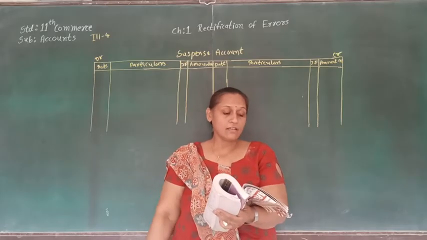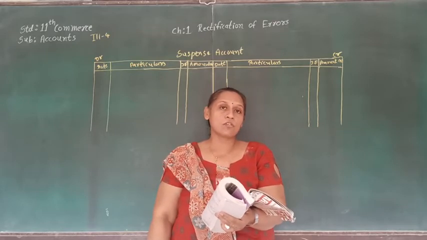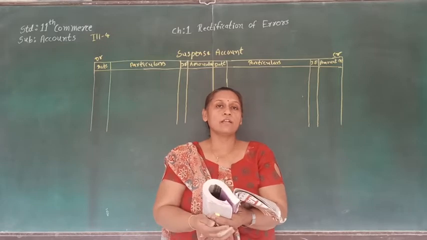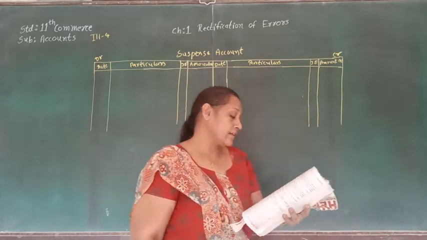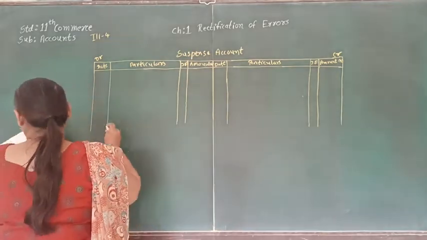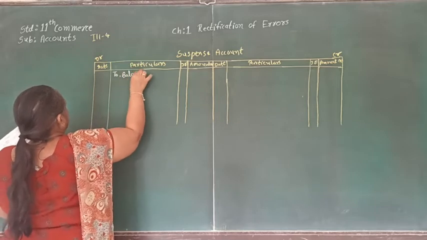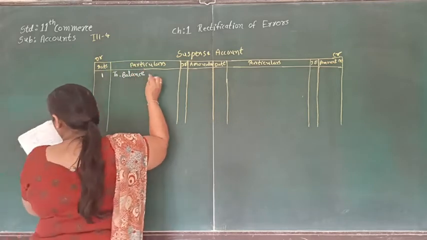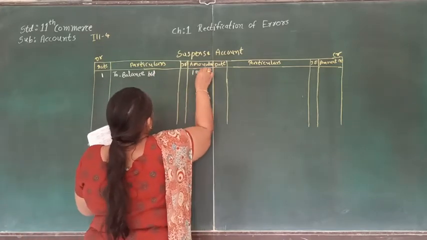Let's see the suspense account. As we know, the balance of the suspense account is on the debit side and it is 1,000 rupees. So let's write that. Here, to balance brought down 1,000 rupees on the first page.